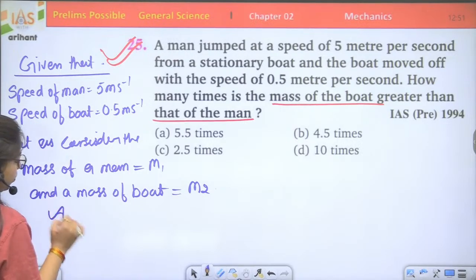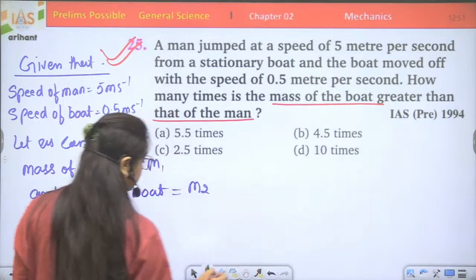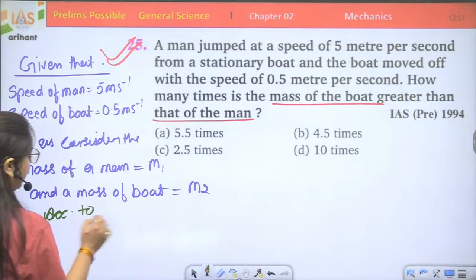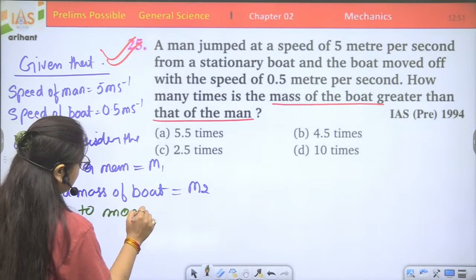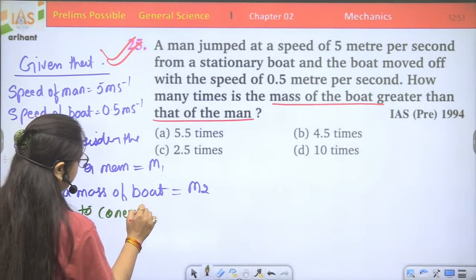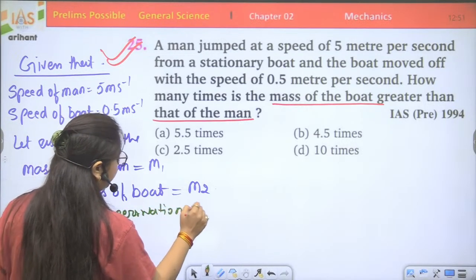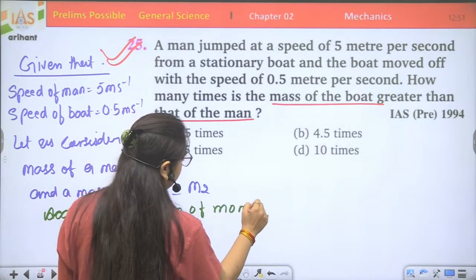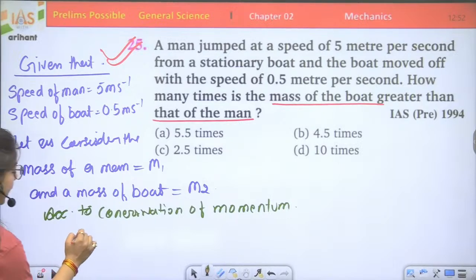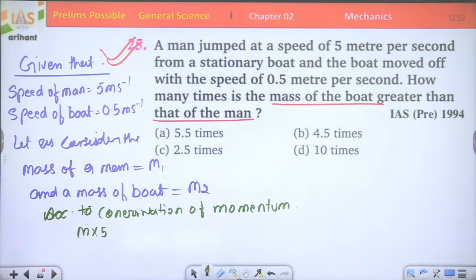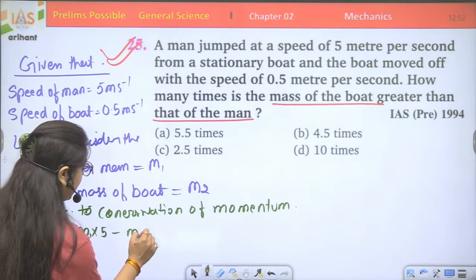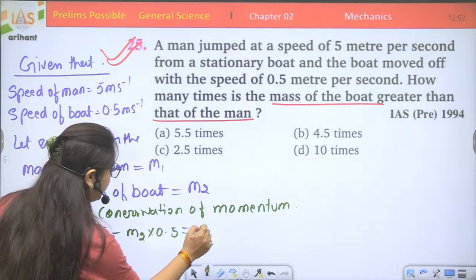Now according to the conservation of momentum, what we have: m1 into 5 minus m2 into 0.5 is equal to 0.